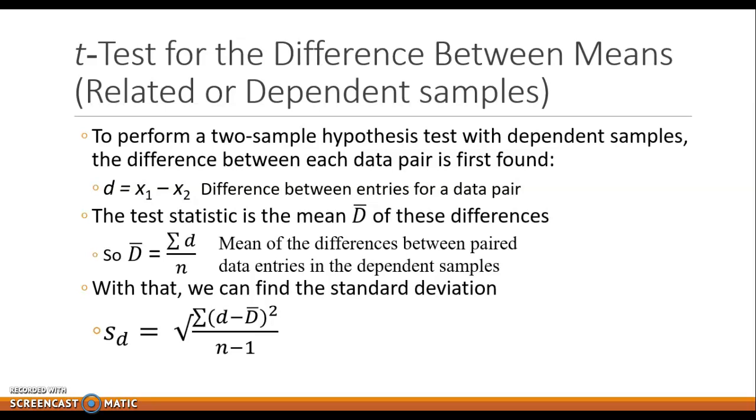Okay, so you find all the d's, you find the mean of all the d's, that's big D bar, you subtract big D bar from the little d, each of them, get that difference, square it, divided by n minus 1, that gives us the standard deviation of these differences. That's what the d is, the standard deviation of the differences.